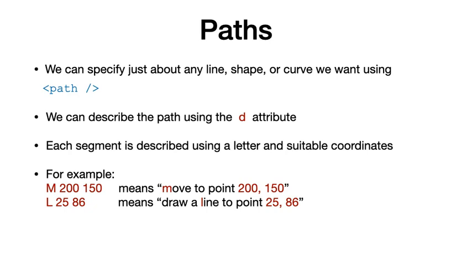So M 200 150 will mean move the pen to point 200, 150. Then L 25 86 will mean draw a line to the point 25, 86. And so on. You can continue as long as you want.